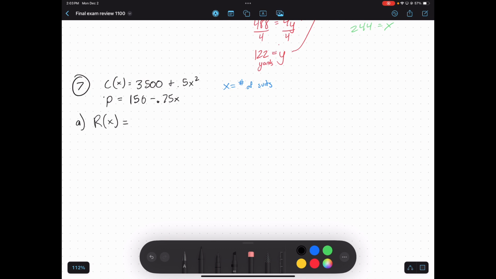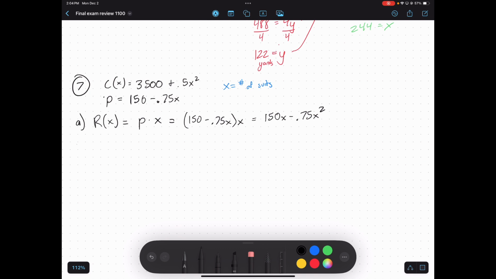That's your most basic revenue equation, and since it doesn't give us anything else that's calculated towards revenue, my revenue is just price times quantity. How many can I sell at what price? So this is just P times x, which is 150 minus 0.75x times x, which if I simplify that gives me 150x minus 0.75x squared. Everybody okay with that? There's my revenue.